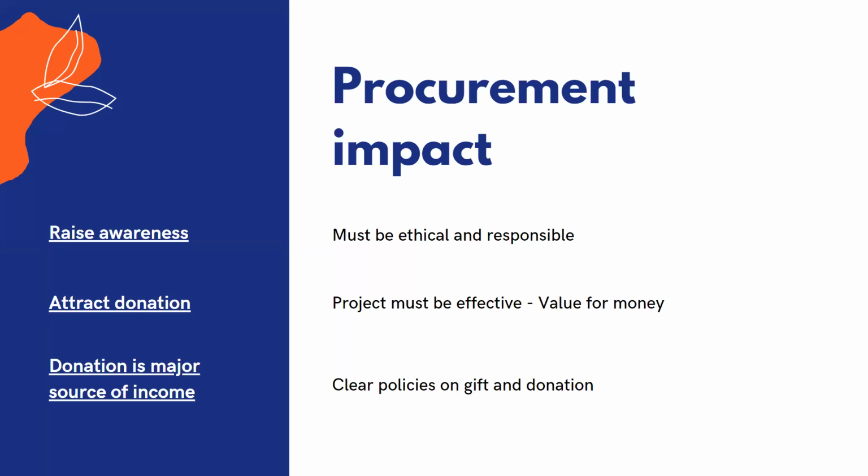Because people would judge. If you do something against your value, then people may see that you are a hypocrite. Okay, that kind of thing. So procurement here needs to be ethical and ensure that the whole supply chain is ethical as well.